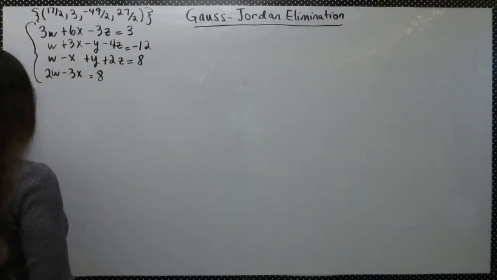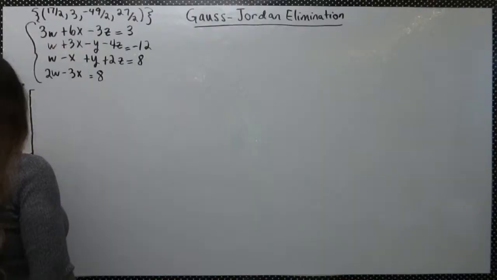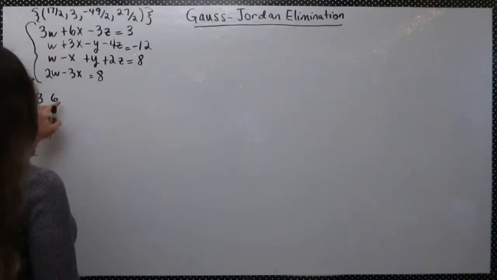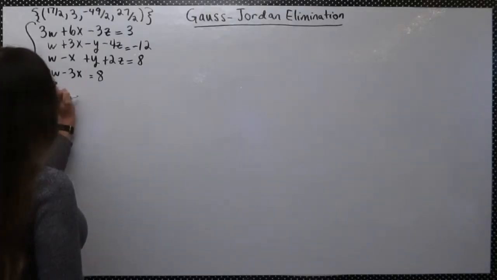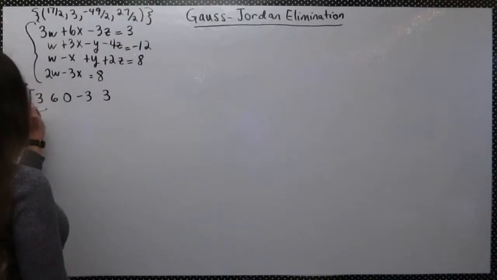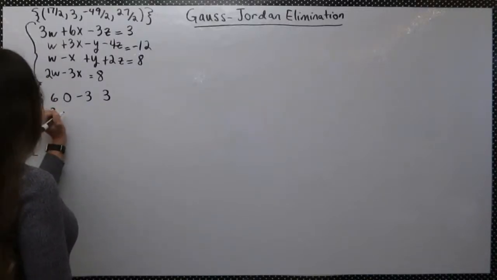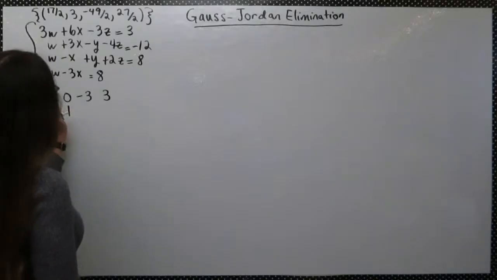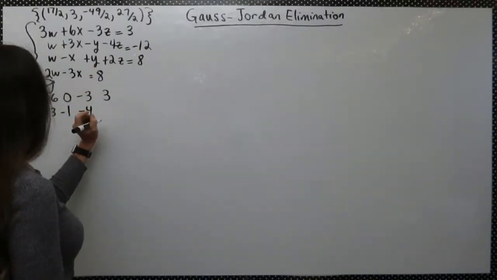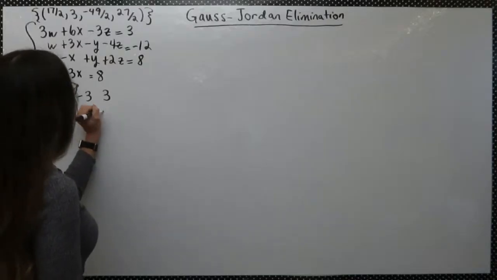All right, so just start by augmenting this matrix here and being careful not to make any mistakes. Again, I'm just listing the coefficients of my variables. If there's not a coefficient, then it's typically 1. If there's no variable, then it's 0.